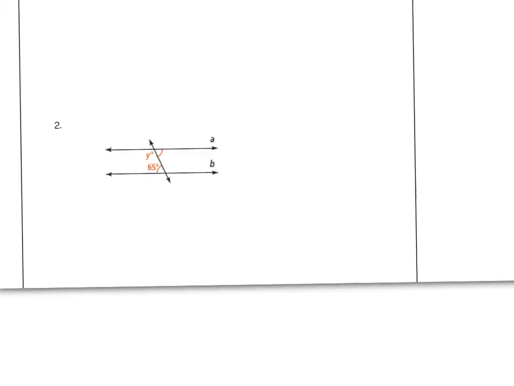2, again, state the postulate or theorem that proves A and B are parallel lines. So I'm looking at the picture and I'm noticing that I have these 2 markings here that demonstrate that these 2 are congruent. So they are on different sides of this transversal, so that means they're alternate of some kind, and they are inside of these lines. These lines are not parallel yet, we can't say that, but they are interior, and we know they're angles.